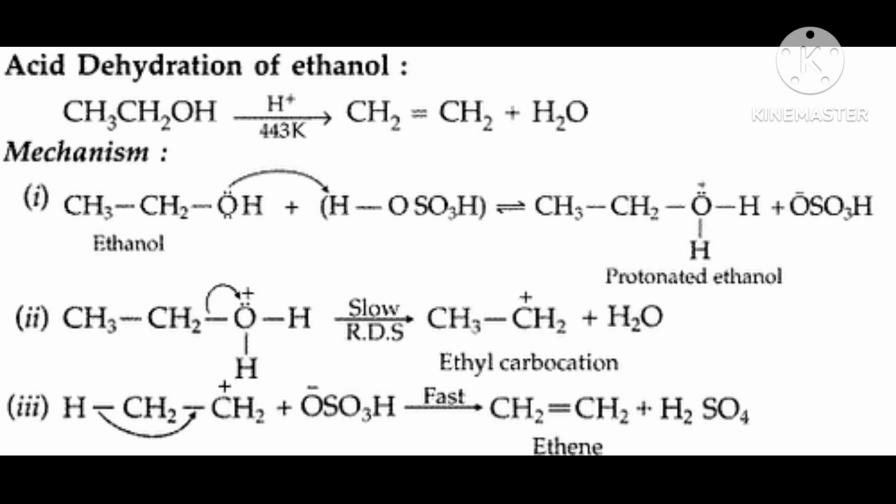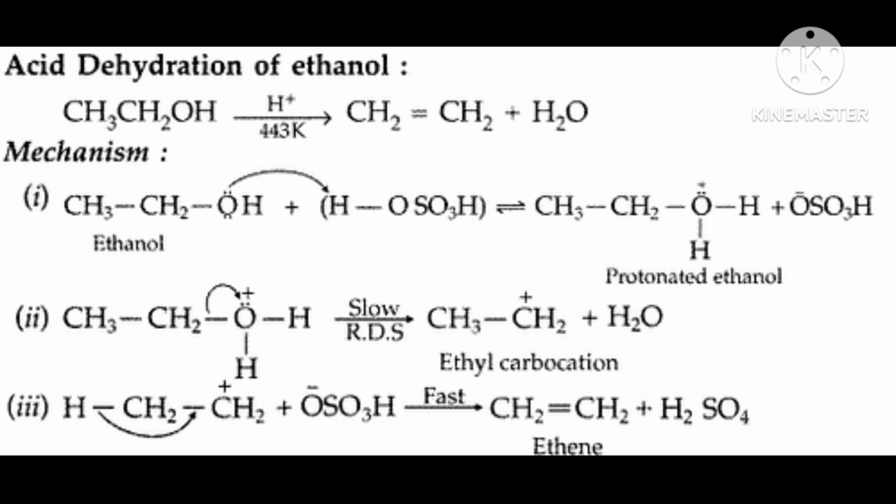Now if you have to compare which reaction will go fast out of primary, secondary and tertiary, with which alcohol this dehydration process will be fast. Correct? That I am telling you.